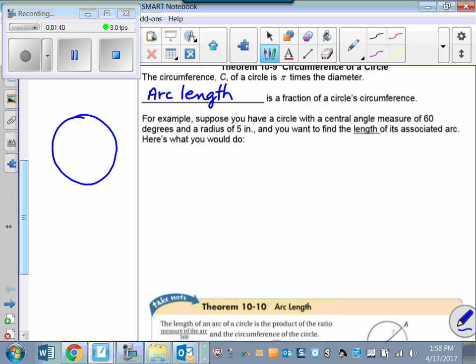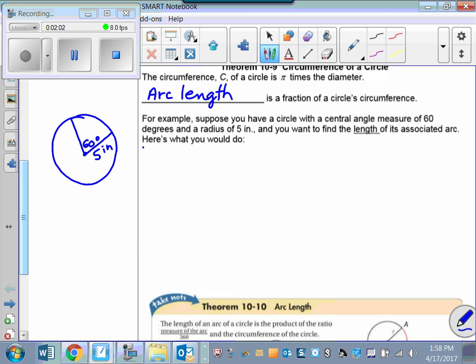So we got a circle, we got a central angle measure of 60 degrees. We got a radius of 5 inches. So let's get that picture drawn there. You want to find the length of the arc. So here's what I want to do.